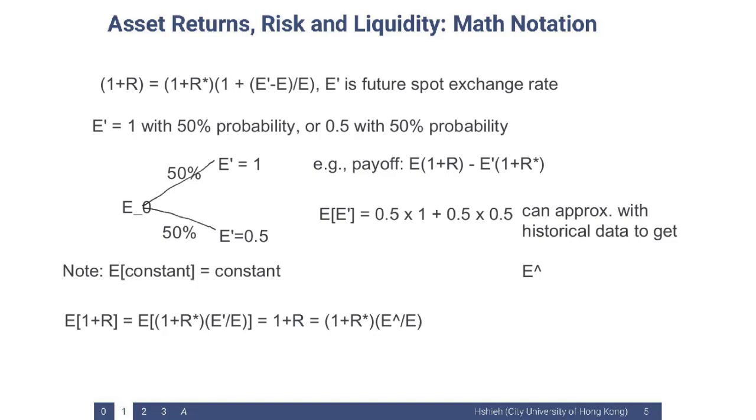So for example, your payoff which may look like this, minus f times 1 plus r star, right? Depending on which way you're arbitraging, right? But this is an example. So you plug in E, you can do two different types of payoffs.